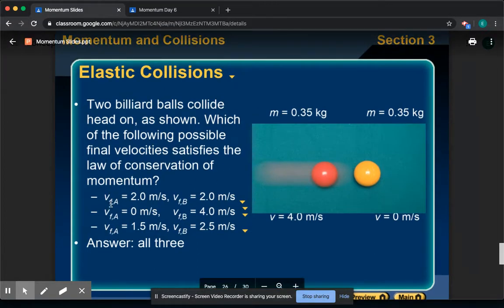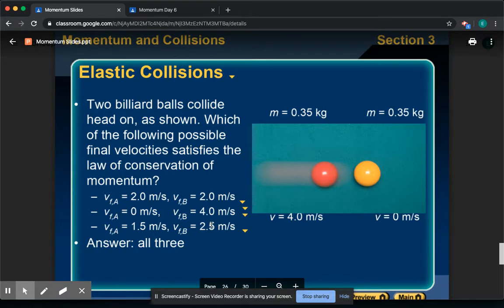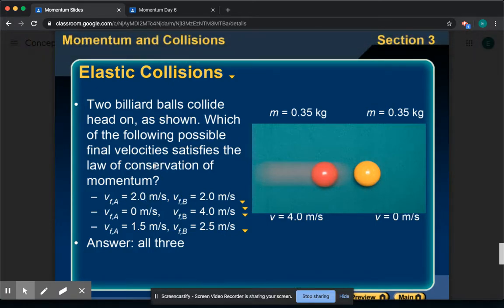So this is saying the final for ball A. I'm guessing ball A is the one on the left and ball B is the one on the right. Notice how for all these answers, the numbers add up to 4. So in this case, all the energy transfers to the one on the right. This one's saying some of it is transferred, but the numbers all add up to 4. So for the law of conservation of momentum, any of these numbers would work.